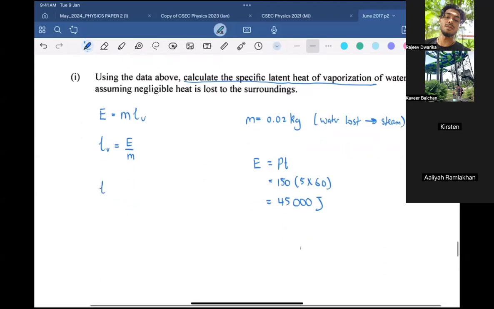So latent heat of vaporization will be equal to the energy. My energy is 45,000 all over the mass. My mass is 0.02. Plug it into a calculator. Let me know.